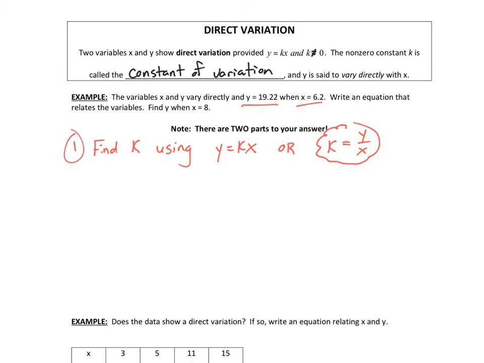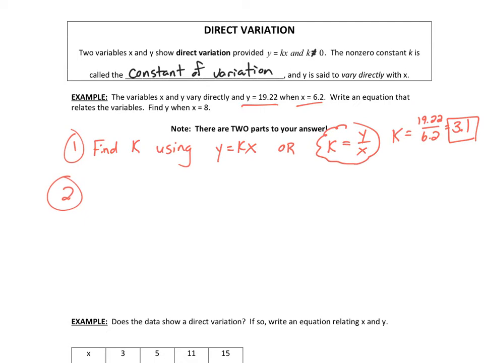In this case, if y is 19.22 and x equals 6.2, k equals 19.22 divided by 6.2, which is 3.1. So k is 3.1. All right, so you find k, that's step 1.